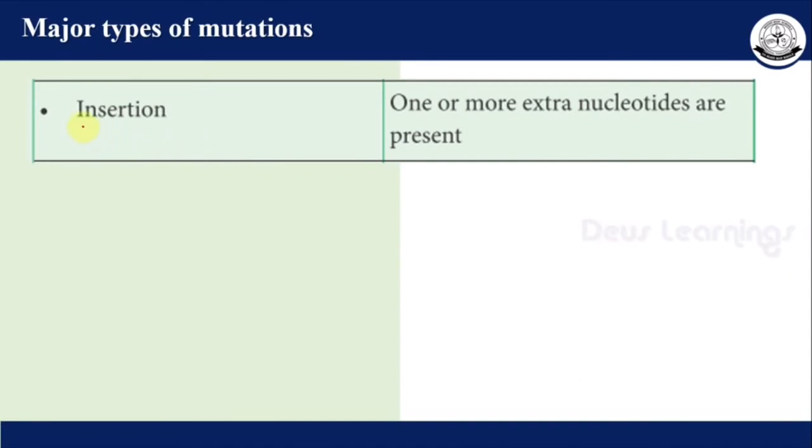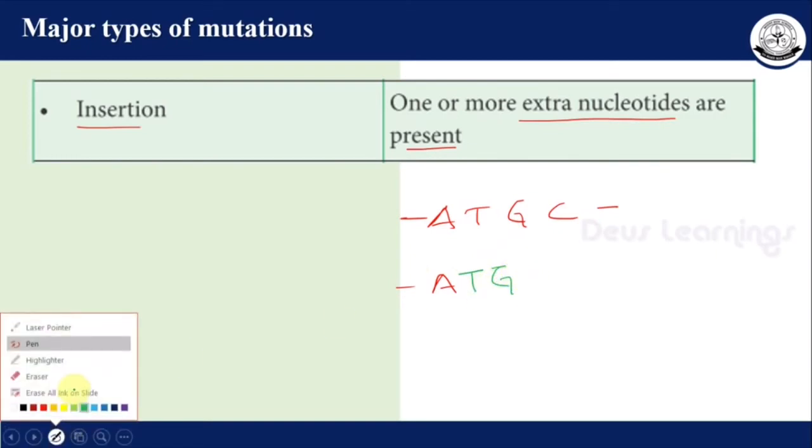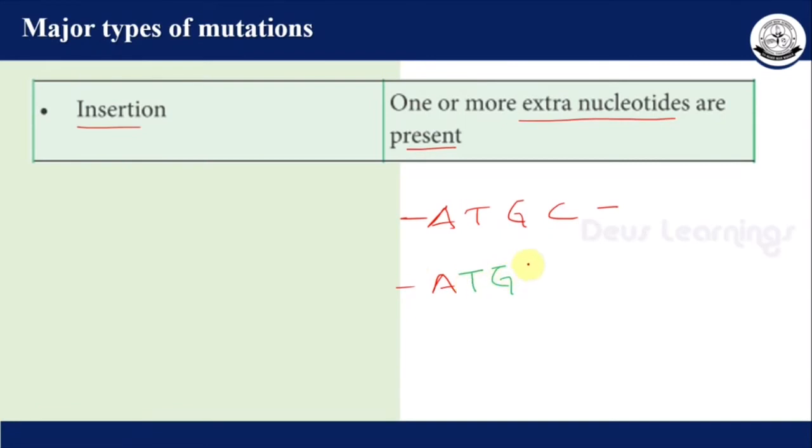Then insertion. Insertion is when one or more extra nucleotides are added. Let's take the same example, A, T, G, C we have, and for instance here I added two nucleotides. See, we added two nucleotides, that will be insertion.